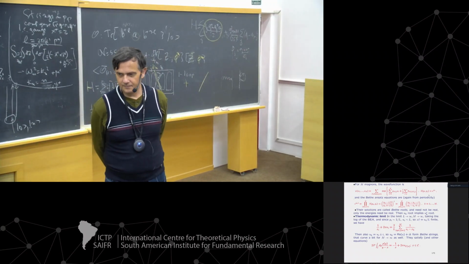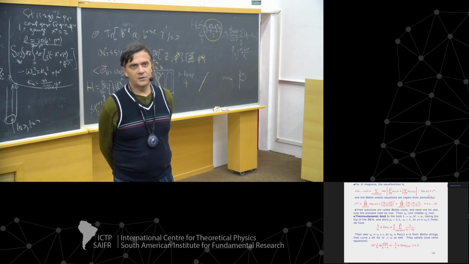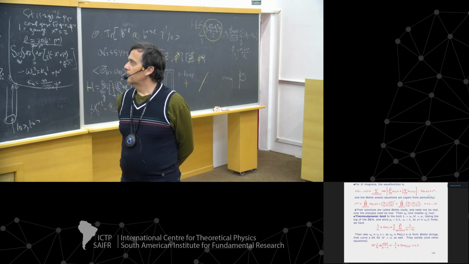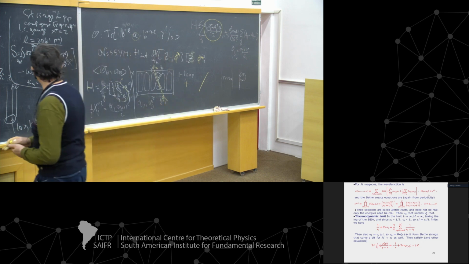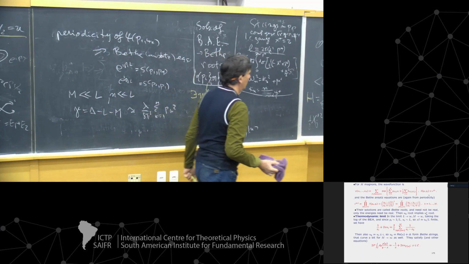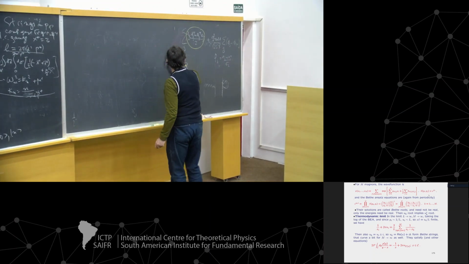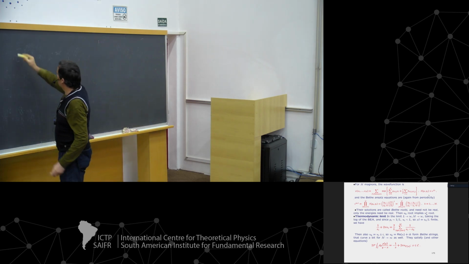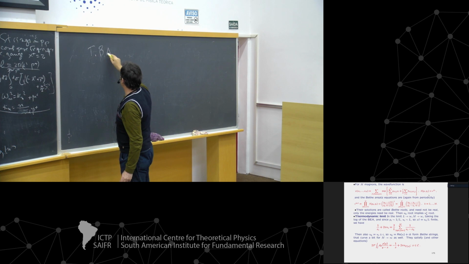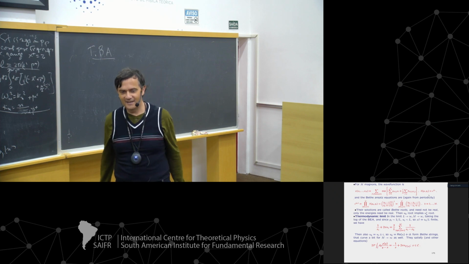What one obtains from the gravity side is some continuous version of these Bethe roots, namely what goes under the name of the thermodynamic Bethe ansatz, or thermodynamic limit.